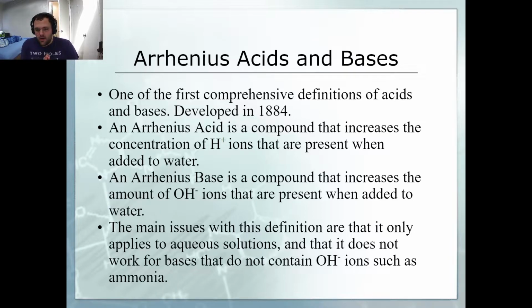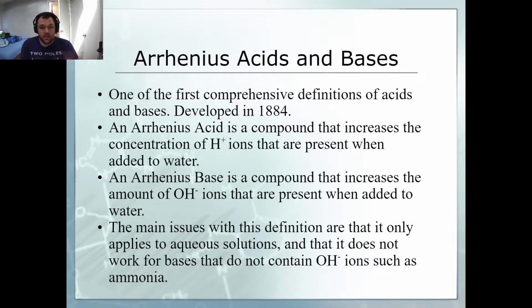So it releases those H+ ions when you put it in water. And he said an Arrhenius base is anything that does that same thing, but by releasing OH- ions. So anything that creates H+ ions or protons is an acid. Anything that creates OH- ions is a base.